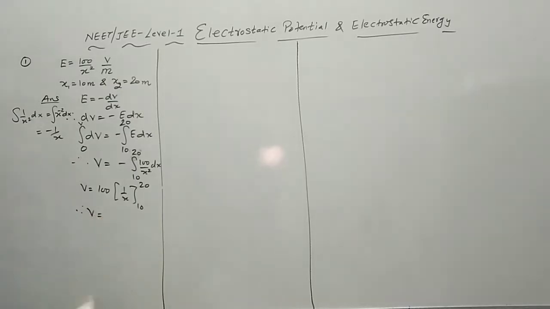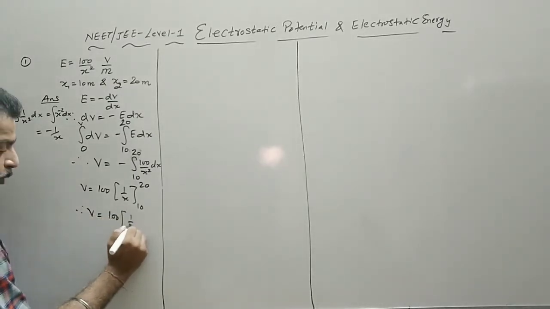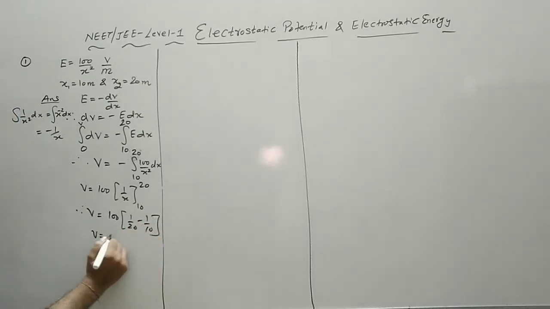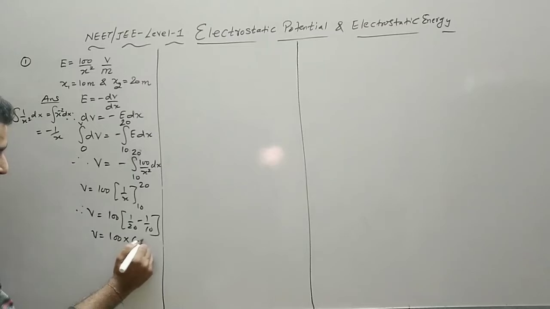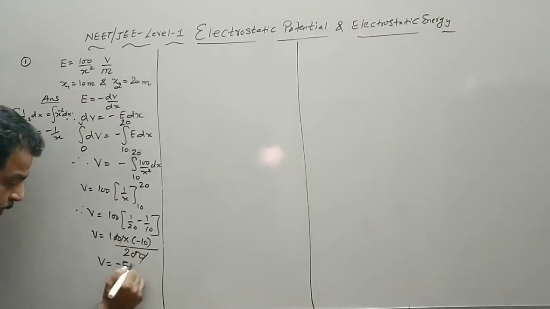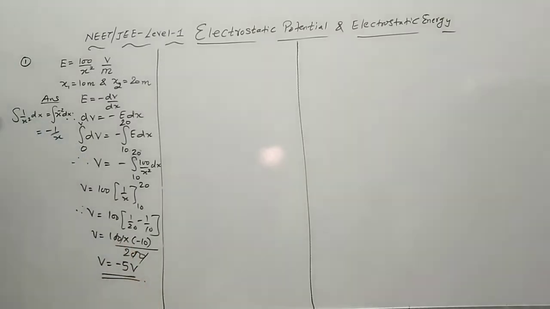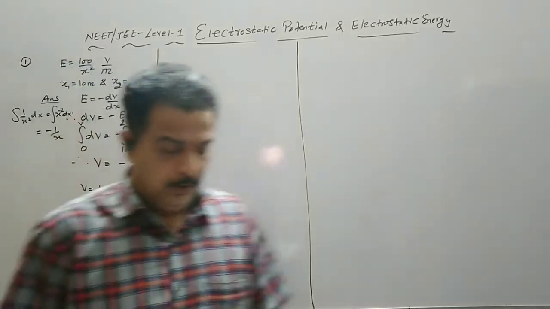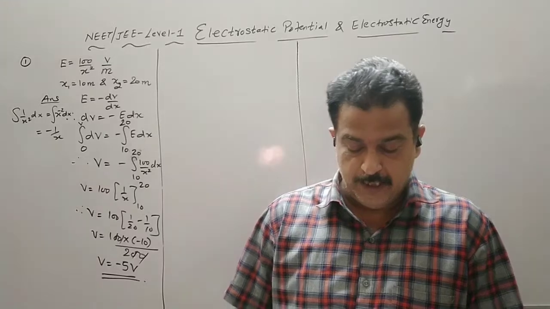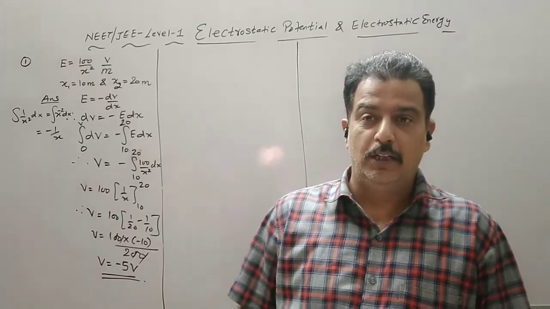Therefore, V is equal to 100 times (1 by 20 minus 1 by 10). So V is equal to 100 into minus 10 divided by 200. So this comes out to be V is equal to minus 5 volt. Now, if we refer to the question, we will get the option as 5 volt.